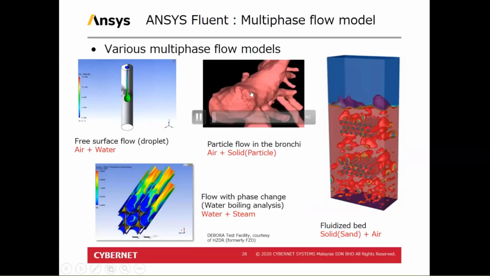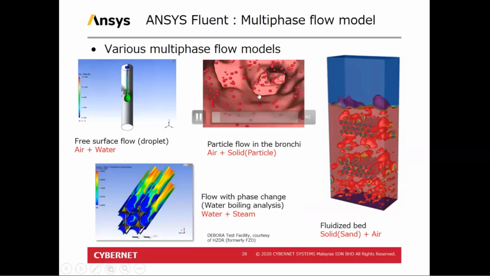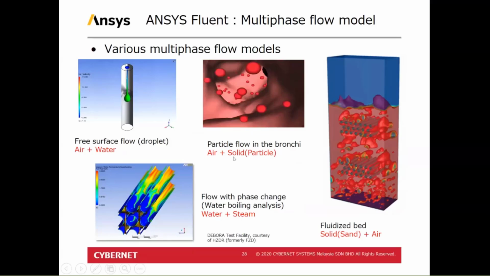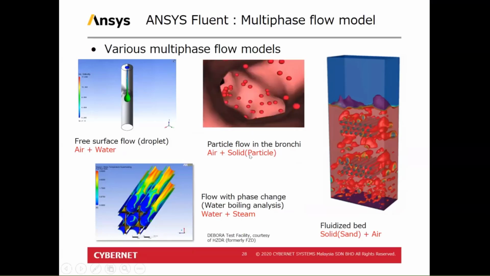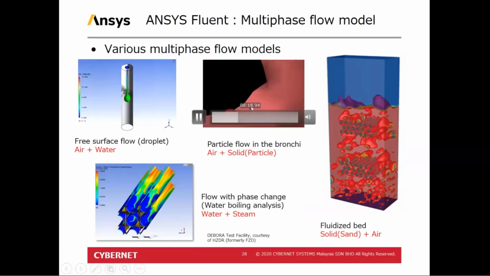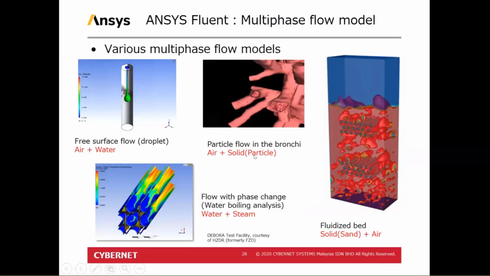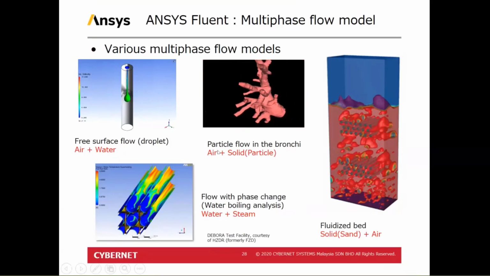And this one is a particle flow simulation, and we set air and the particle solid. So we can know how the particle moved by the influence of the airflow.